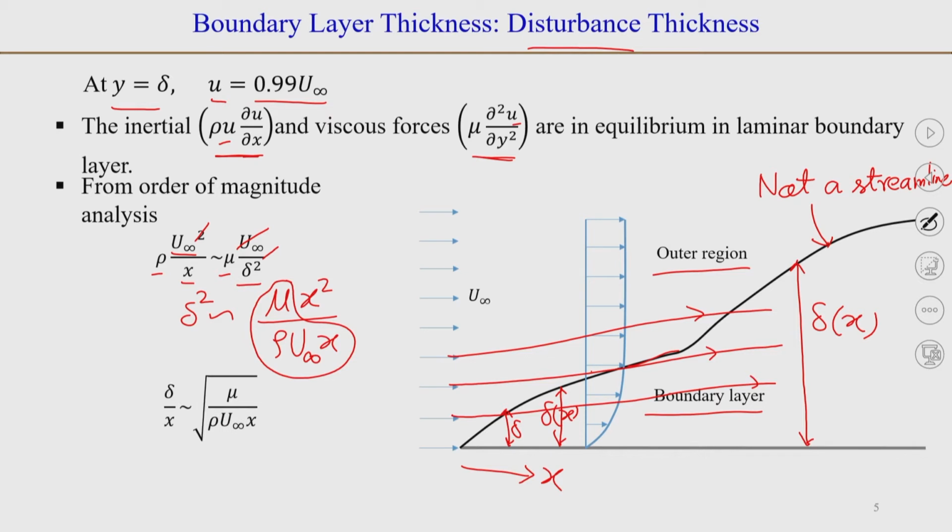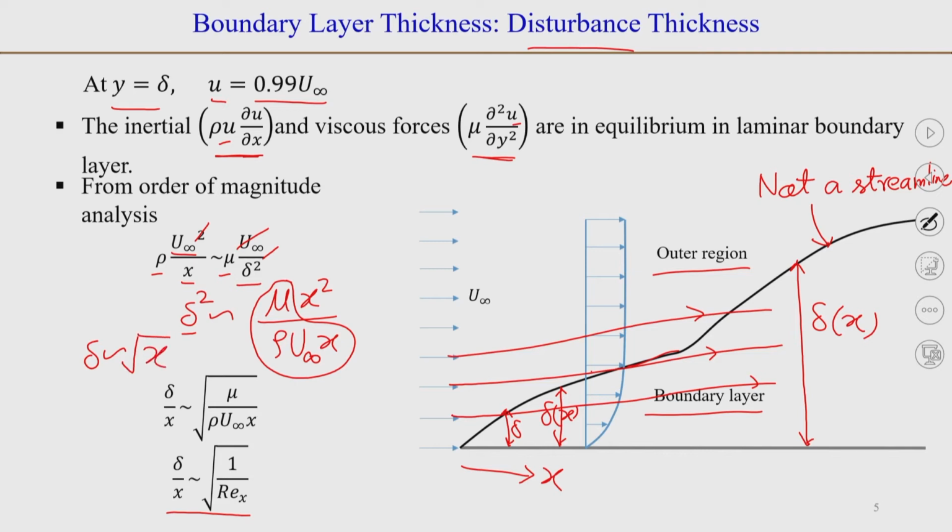So, basically we can write that as delta squared by x squared is equal to mu over rho u infinity x, which is 1 over Re_x, and that gives us that delta by x, or the non-dimensional boundary layer thickness, is 1 over root of Re_x. So, from here we can see that delta is proportional to root of x.